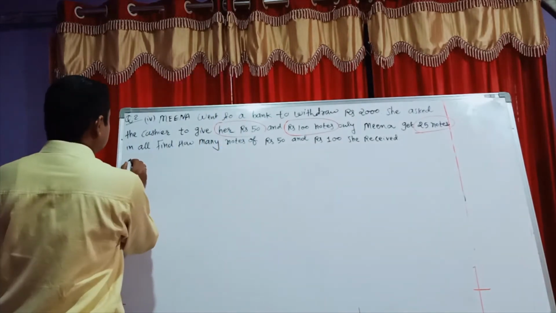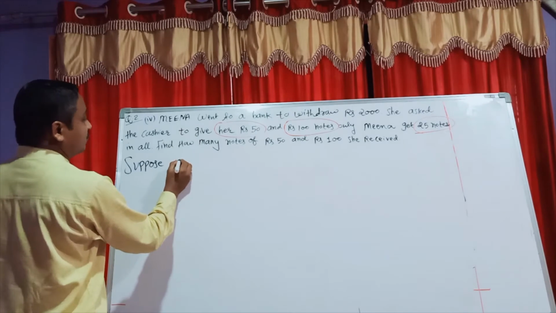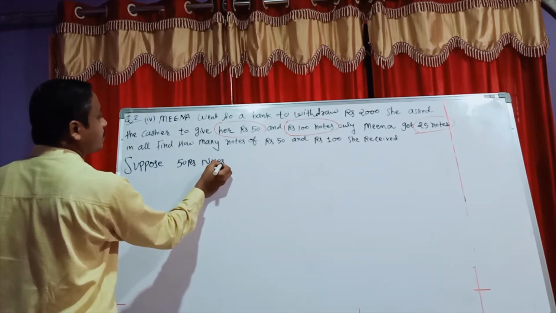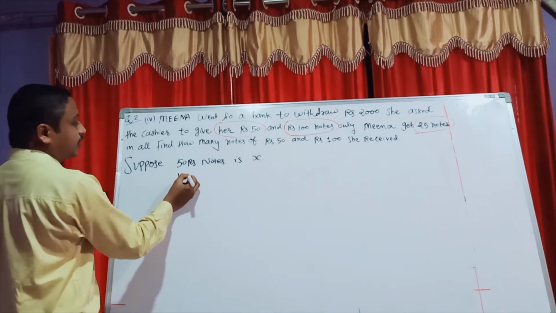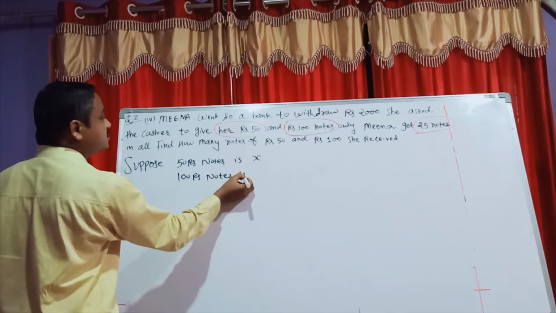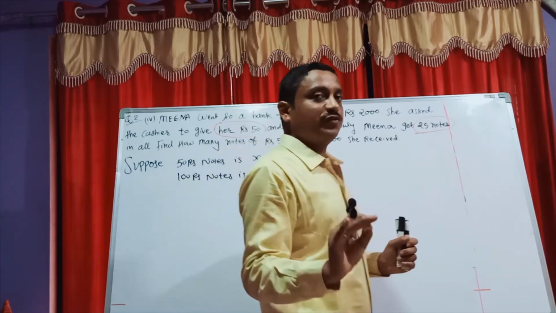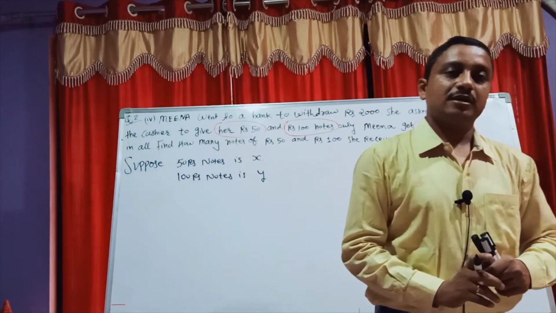So I start the sum by supposing 50 rupee notes are x and 100 rupee notes are y. I am taking 100 rupees and 50 rupees as y and x respectively.